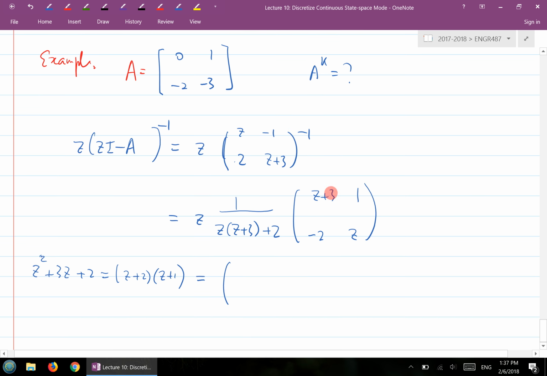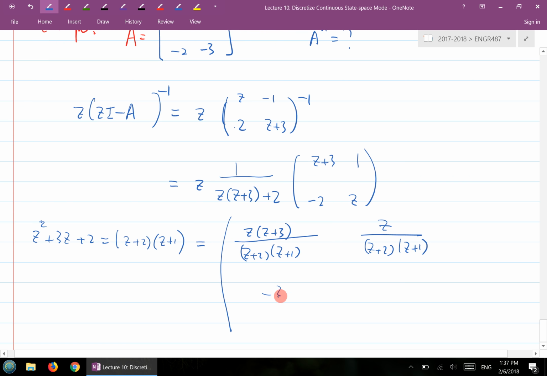So this one here, you get Z times (Z plus 3) divided by (Z plus 2)(Z plus 1). And here you get Z over (Z plus 2)(Z plus 1).